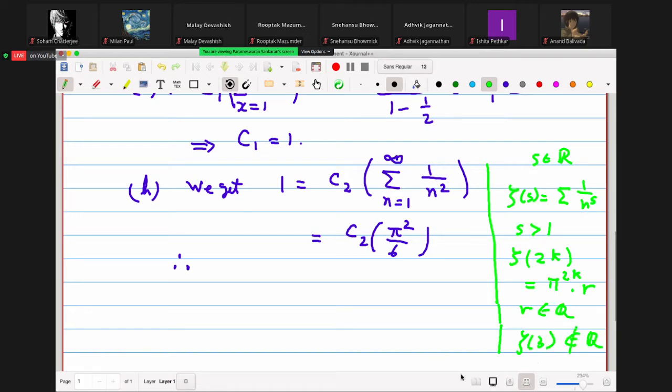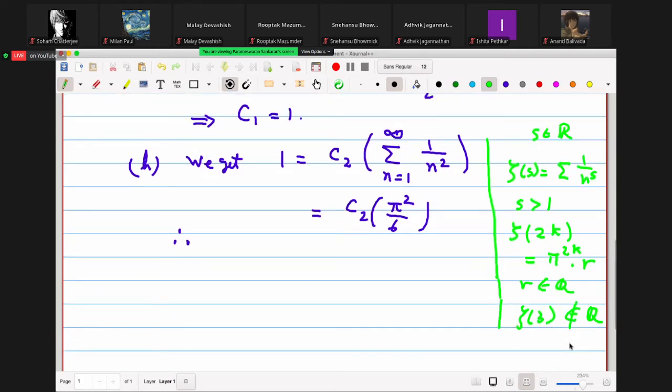So this is sort of telling us that these numbers are rather mysterious. But for even values, it is pi power 2k times some rational number, and this you will know when you study some number theory. Anyway, I'm not going into that, it's just an occasion to talk about it.